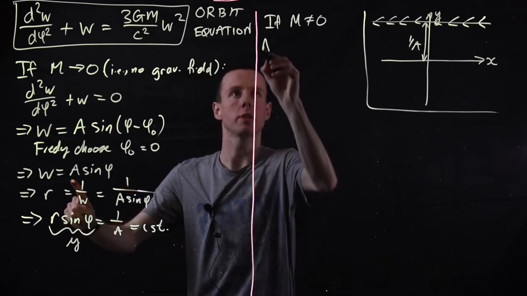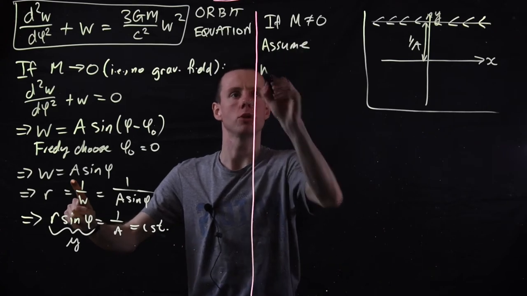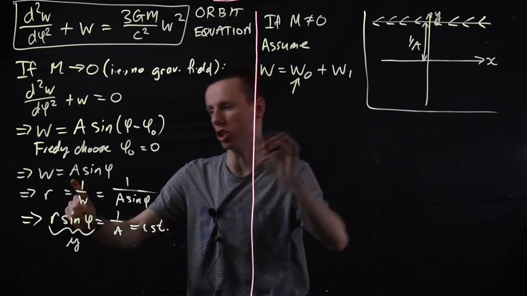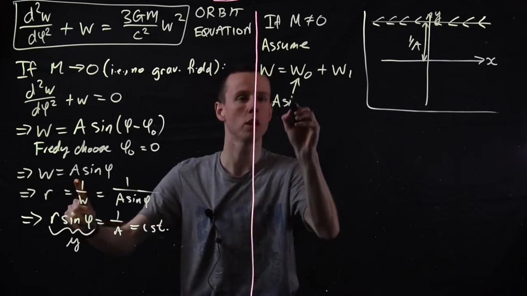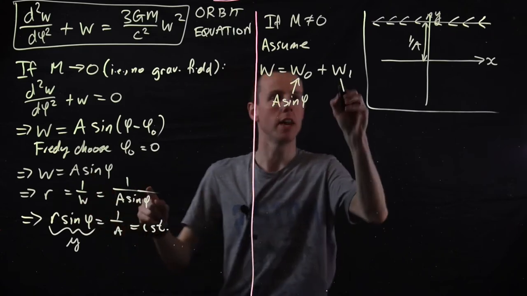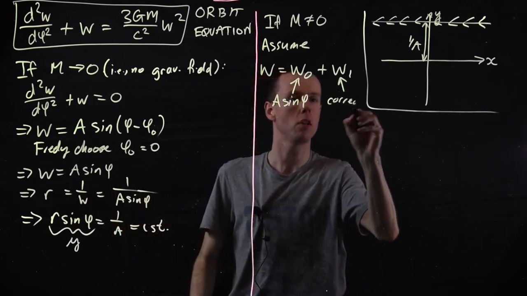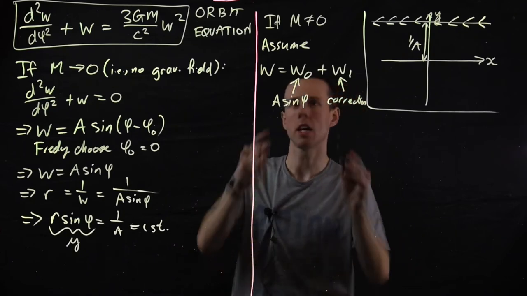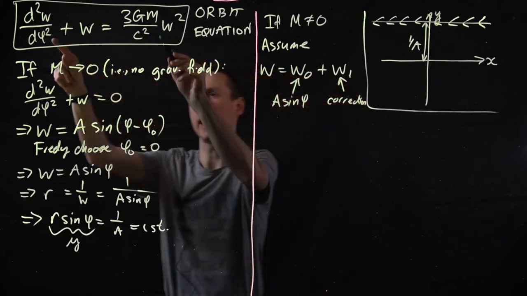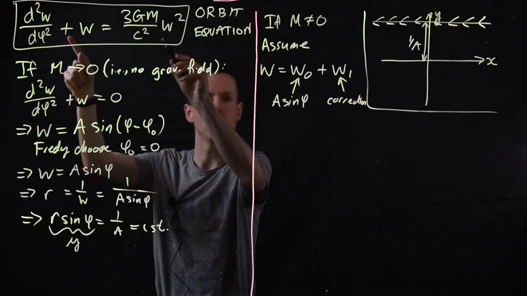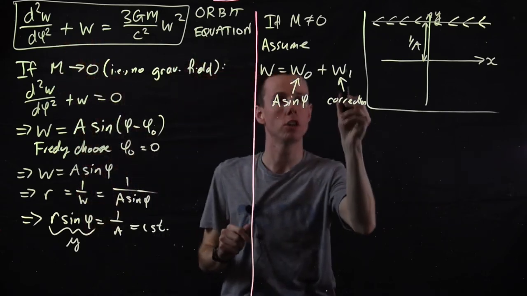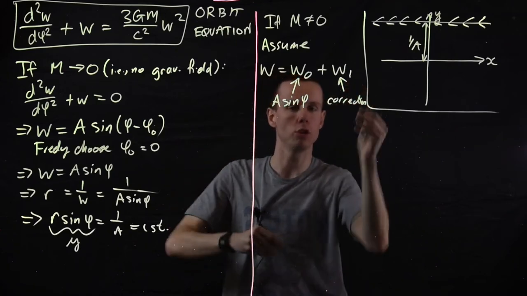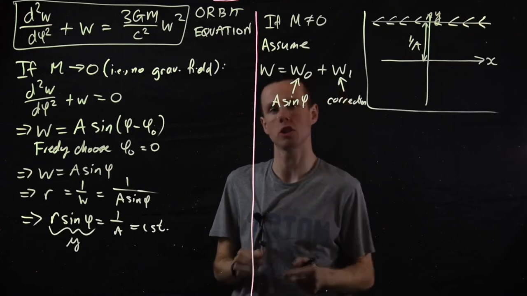So what we do is we assume that W is equal to W0 plus W1, where W0 is just what we had before, the undeflected straight line, and then W1 is just a small correction. And skipping some of the details, if you take this and plug it in here, you will end up with a differential equation for W1, and you keep everything to lowest order in W1 over W0 because you assume that W1 is a small correction.